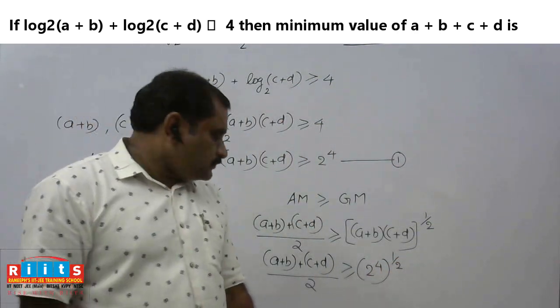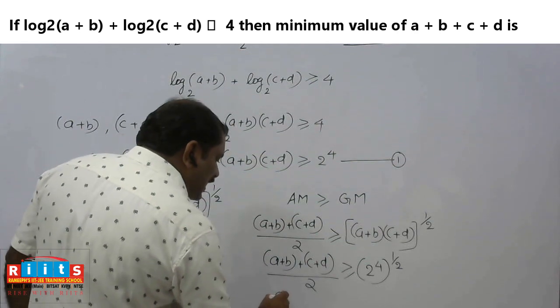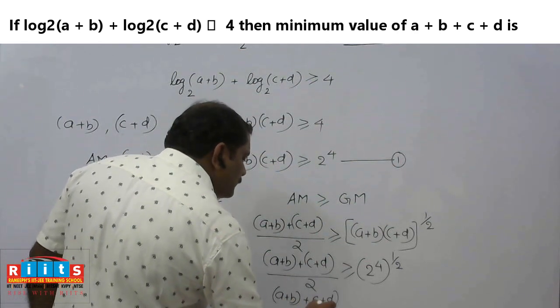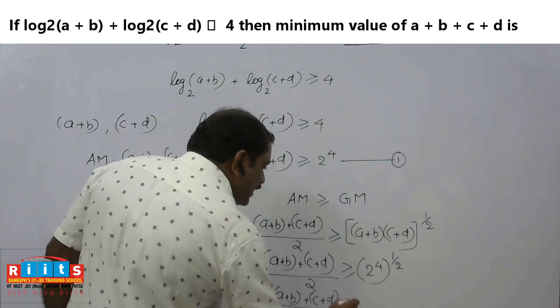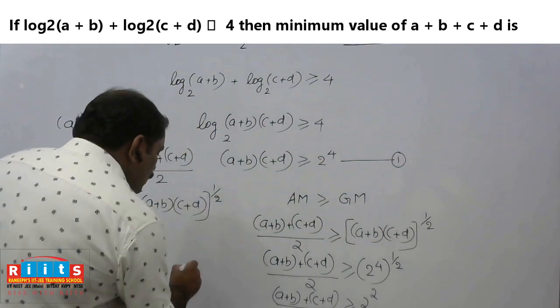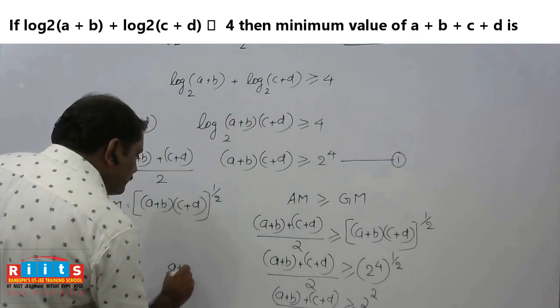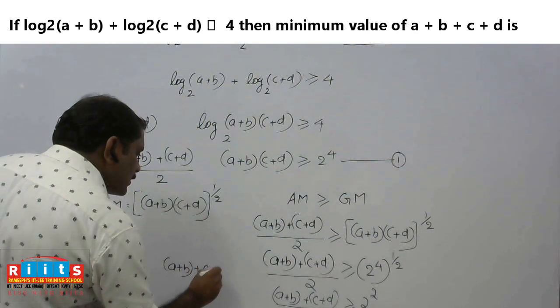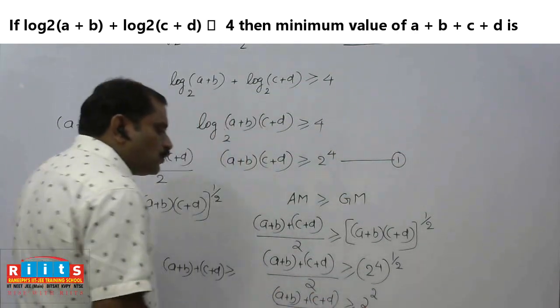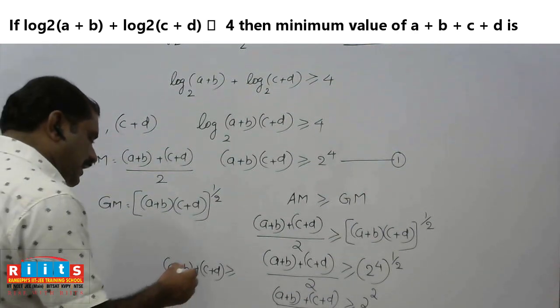That is, (a plus b plus c plus d) by 2 is greater than or equal to 2 square. So a plus b plus c plus d is greater than or equal to 2 square into 2, that is 4 into 2, that is 8.